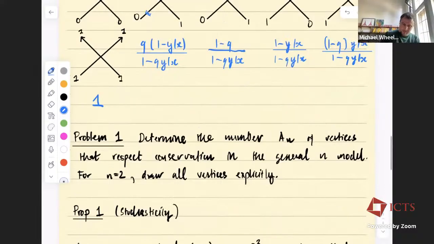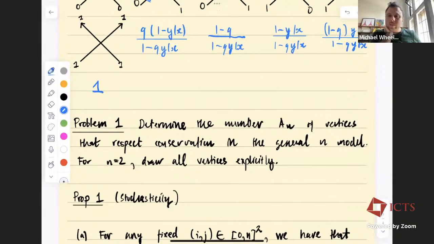Sorry, I have another question about this. Do you have any idea when you can make a solution to the Yang-Baxter equation stochastic, or is there no general answer? Yeah, my basic understanding is you can do it for almost every solution of the Yang-Baxter equation.